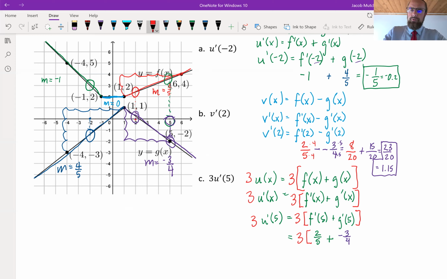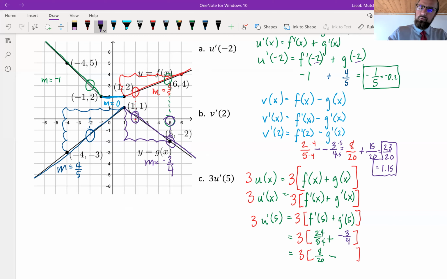So then what I want to do is just add those up. I've already decided the least common denominator is going to be 20. So this is going to equal 3 times, we'll write those as fractions with a common denominator. Again, I multiply by 4, so that's going to be 8/20. Plus negative is going to be minus, so I need to note that difference. And then this term -3/4, I will multiply by 5 above and below to get that common denominator 20.